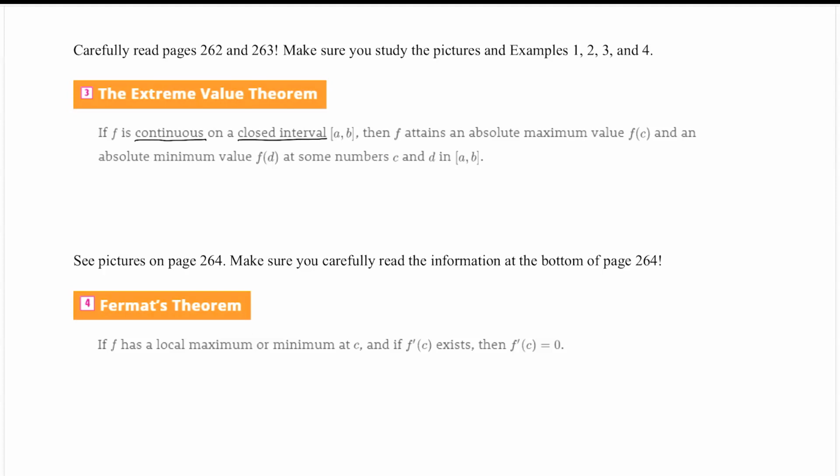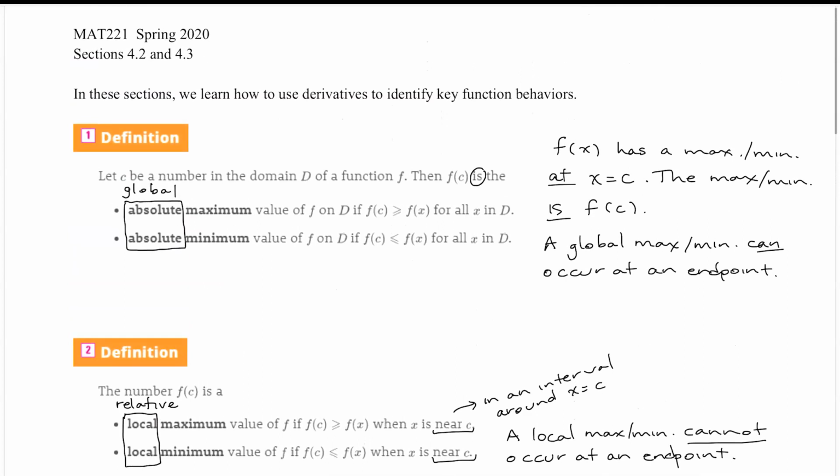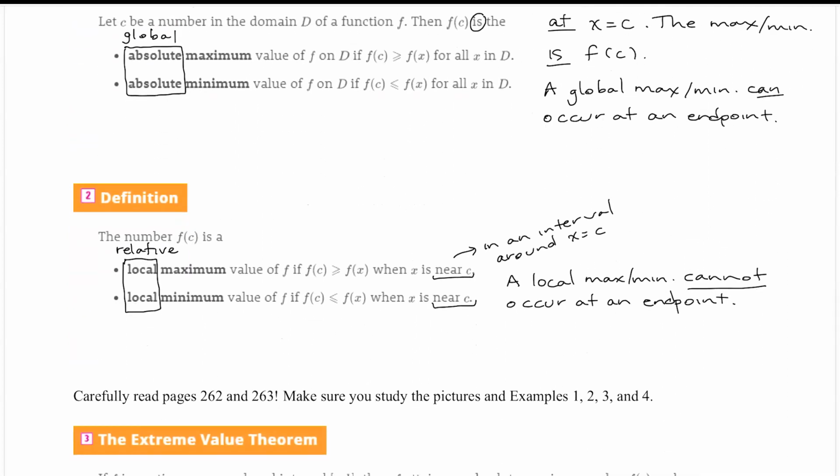And make sure you read carefully at the bottom of page 264. That's where they give you some examples where the extreme value theorem appears to not work, but it's because the conditions are not met. So if the function is not continuous and/or the interval is not closed, then the extreme value theorem does not apply.